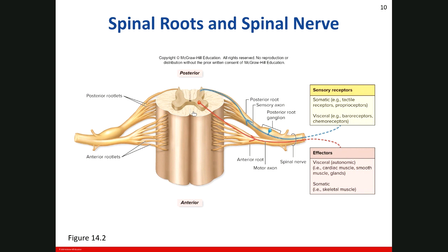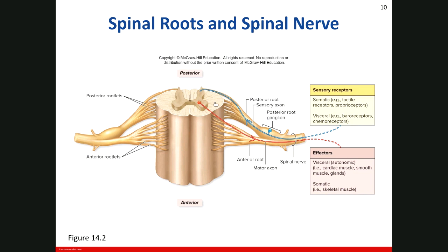One part is located inside. This is the gray matter of our spinal cord, which is very similar in shape to a butterfly. And the other part is white matter, which is located outside.